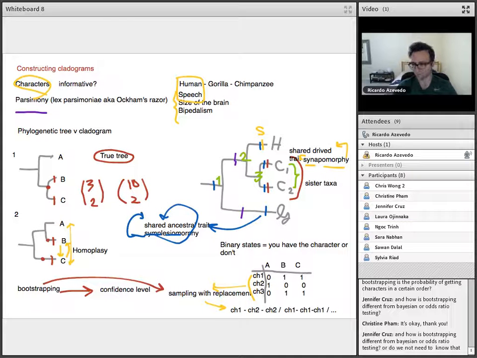Then there's a 90% probability that you would get them regardless of what characters you pick. So it means that it's not really just based on a character. If you just combine the characters and mix and match, you still get the same 2 taxa next to each other. Hopefully I answered Kristen's question.